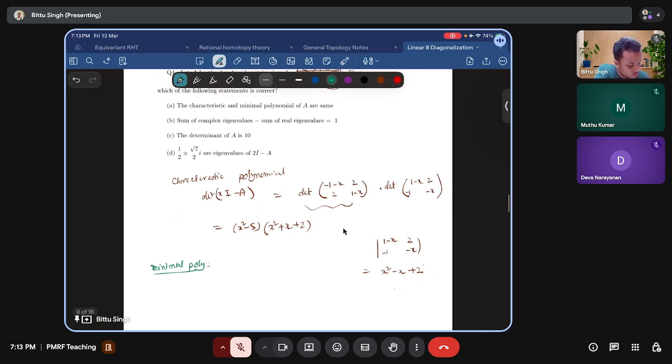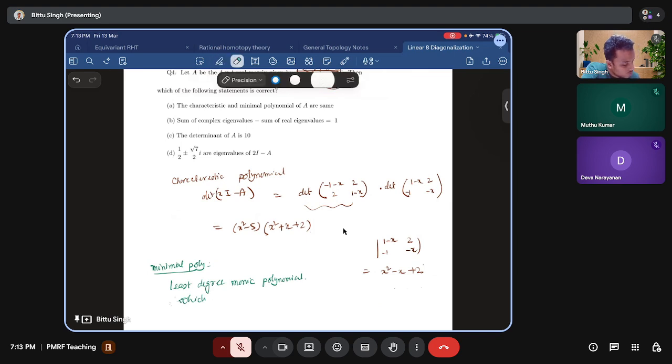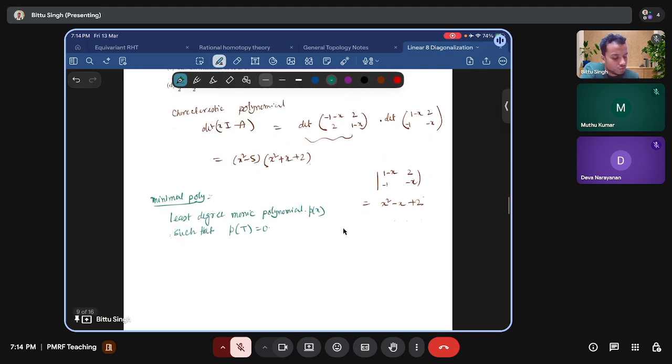The minimal polynomial is the least degree monic polynomial p(x) such that p(T) equals 0. So the minimal polynomial for a transformation T is the least degree polynomial p(x) for which p(T) equals 0.